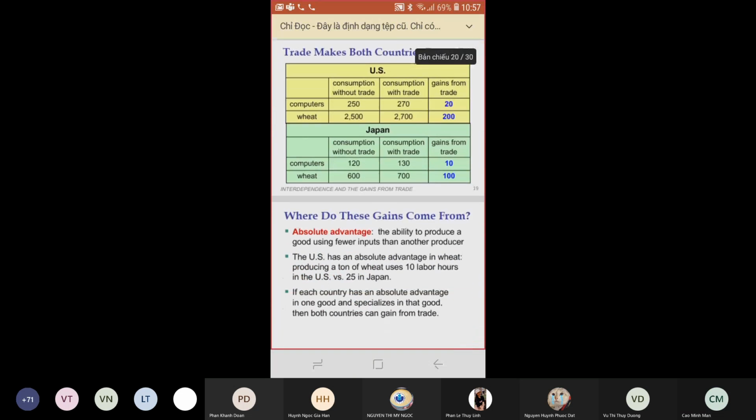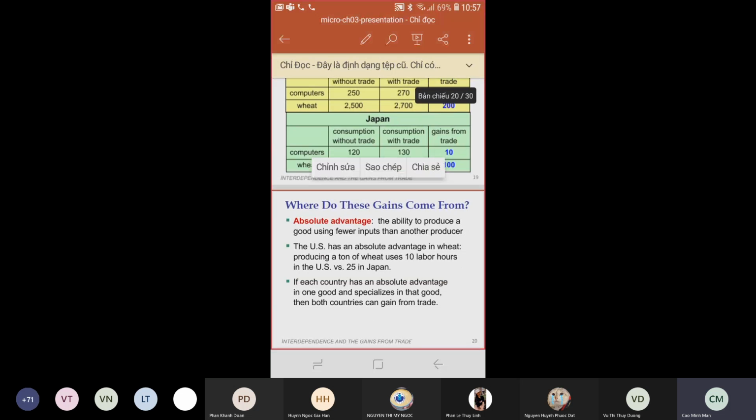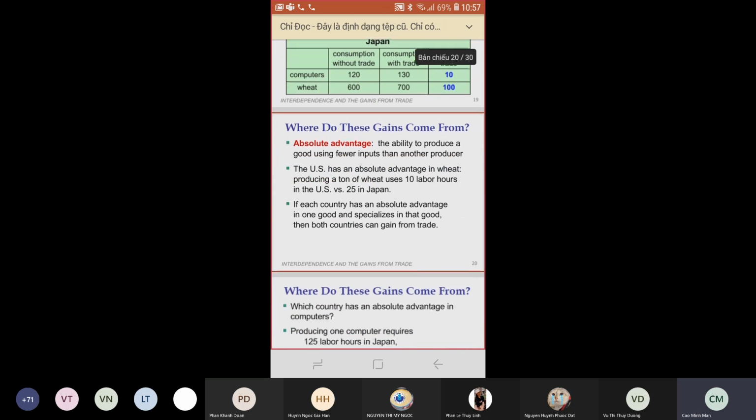And you know what? Another thing you should know about the theory of absolute advantage. Another thing is, listen, a country with absolute advantage in producing products in comparison with another country should produce and export this product to another country.